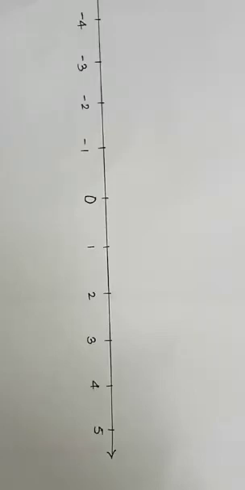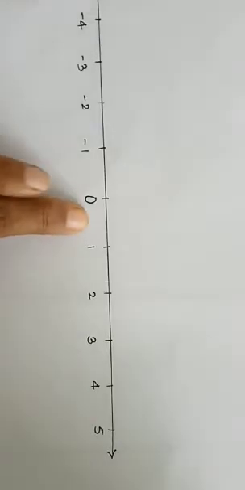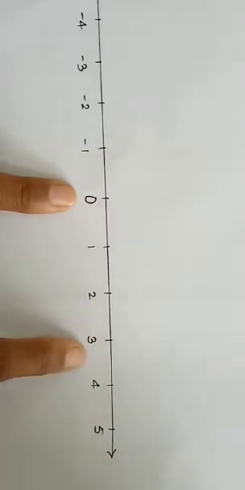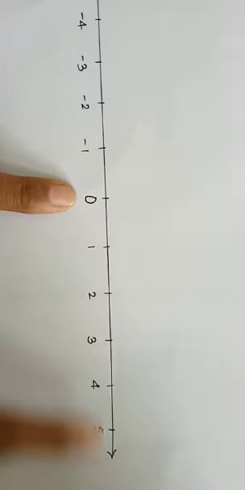Students, today we are going to see how to draw an irrational number on the number line. For that, I have drawn this number line. This is the origin, that is, 0 is the origin of the number line. To the right of 0, I have written 1, 2, 3, 4, 5 and so on, all of which are positive numbers.